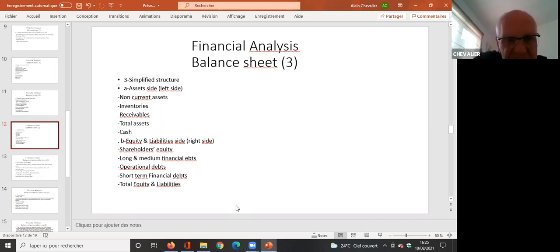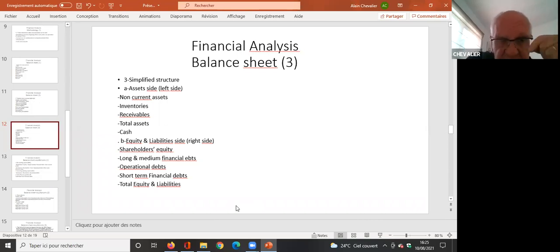So that means the equity and liability side can be summarized into 4 different elements: shareholders' equity, long and medium term financial debts, operational debts, short-term financial debt.